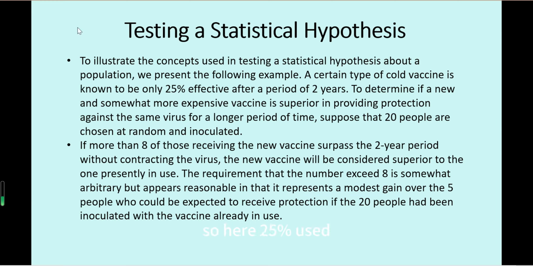So here 25% is H0, a status quo, the current system, right? So if the current status is correct, for the 20 people, about 5 will be protected, right? But now we get more than 8, so it's quite a significant difference, and we will accept that the new system is a better one.